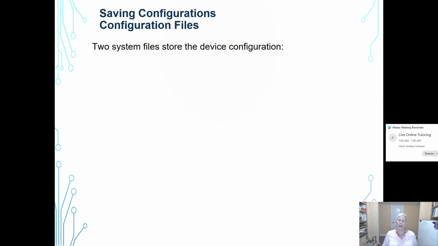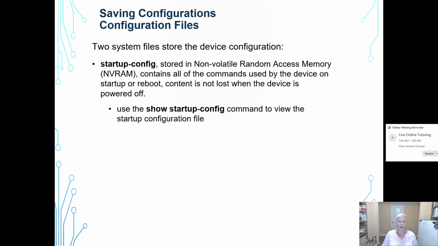We're making all of these changes to our devices. We're configuring the switch. We're configuring the router. Well, this information has to be stored someplace. And that is going to be stored in files called the running configuration or the startup configuration. There are two system files. The startup configuration is in NVRAM, non-volatile RAM.